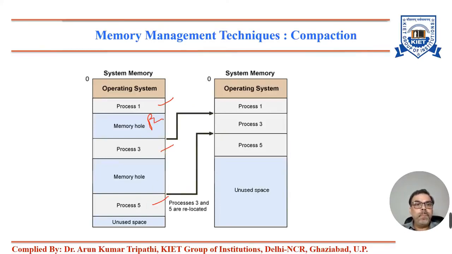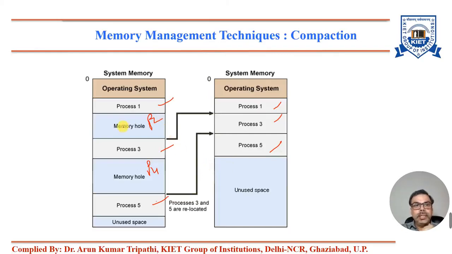Processes P2 and P4 have left the memory, so there are holes. Now, if we shift processes P3 and P5 upward, it becomes process 1, process 3, and process 5.